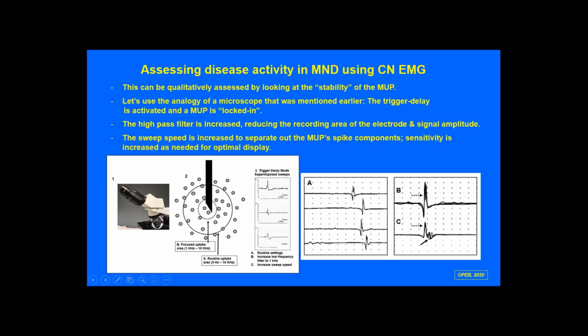And then we want to see this on free run first, then we want to use our trigger delay to time lock it and perhaps increase the sensitivity, because when you change the filter, you will lose amplitude. But then also we increase the sweep. Then you see that second spike that was hiding in here.